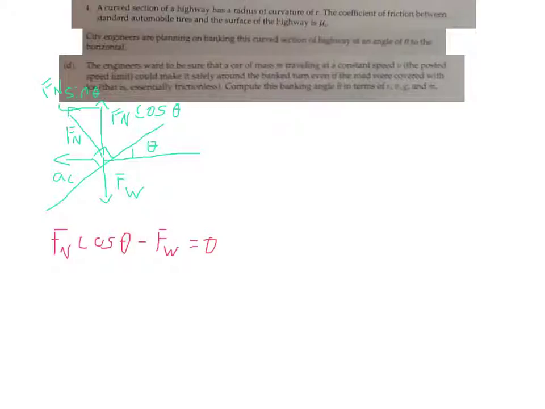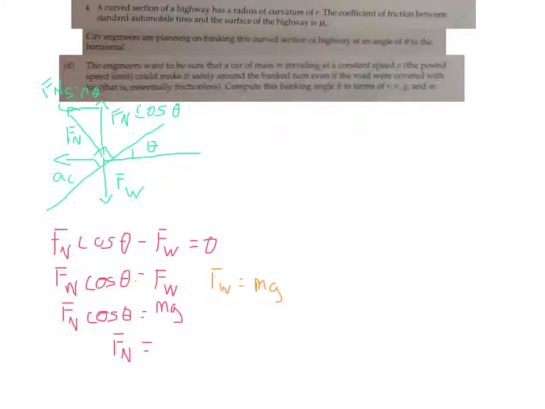So, the normal force times cosine of theta is equal to the force of weight. The force of weight is equal to mass times gravity. So, the normal force cosine of theta is equal to mg, which means the normal force is equal to mg over cosine of theta.